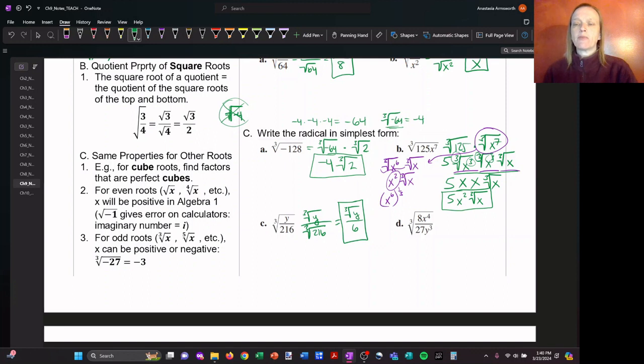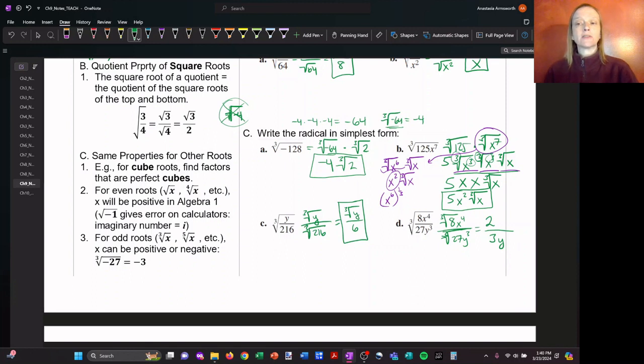And question D, we've got some constants and some variables that we're taking the cubed root of, so we can take the cubed root of the 8 and the x to the 4th. And in the denominator, we're taking the cubed root of 27 as well as the y cubed. In the denominator, the cubed root of 27 is 3. The cubed root of y cubed is just y. In the numerator, the cubed root of 8 is 2.